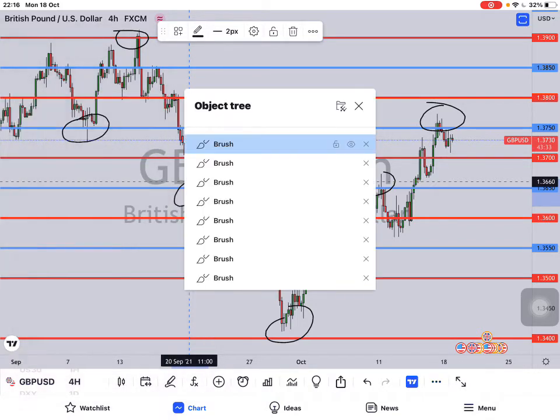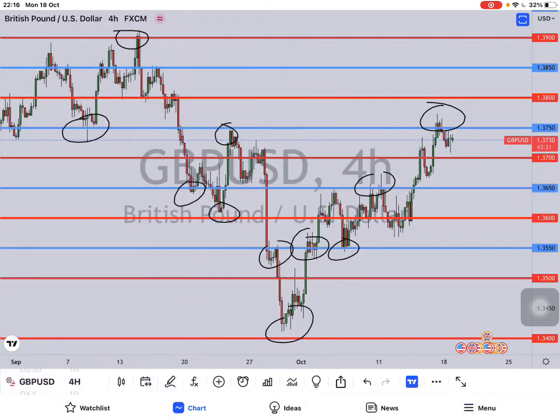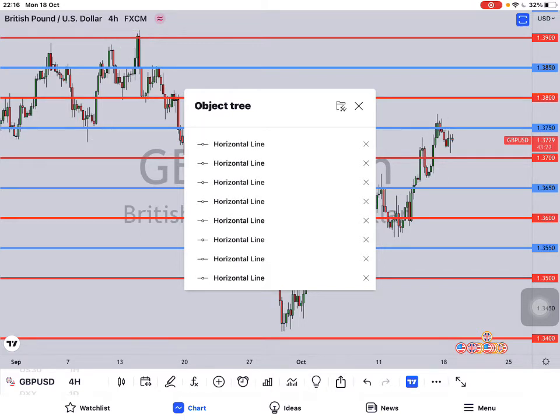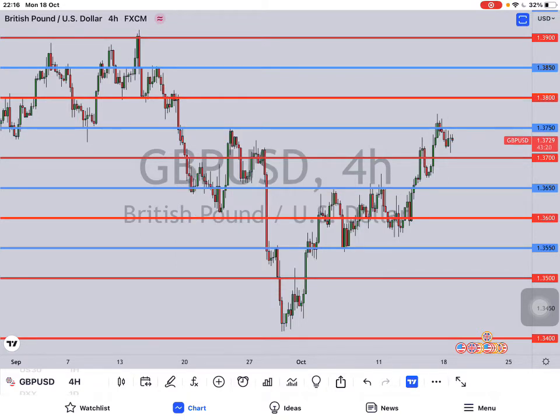Now, if you do not know anything about whole numbers, there is a book called Quarters Theory by Ilya Yotov, which will explain in depth the whole numbers, or the halfway points, or also quarter points.